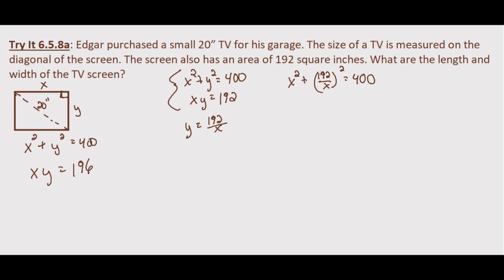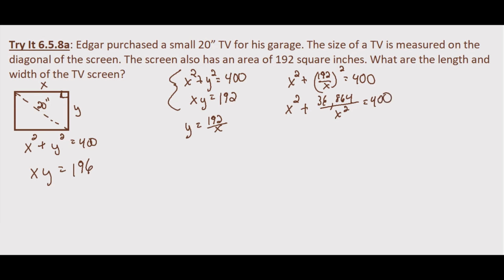Now you might want to get out your calculator for this one. You can do it using long division, or if you take enough time and can visualize, possibly even in your head. But it's much easier to just take 192 and square it using your calculator. That's going to give you x squared plus 36,864 over x squared equals 400.